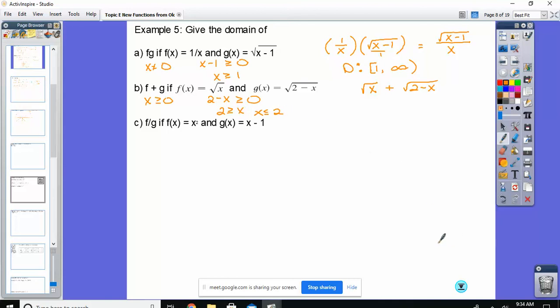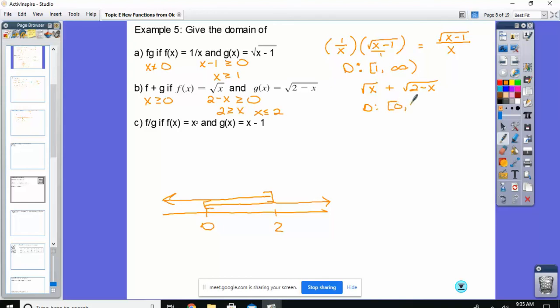I have to somehow put those two things together. What this tells me, the first one is anything bigger than 0. The second one is anything smaller than 2. My domain is the thing that makes them both true. So which portion of this works for everything? Between 0 and 2.